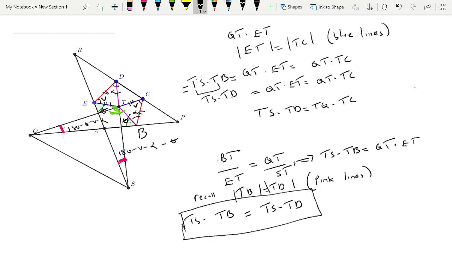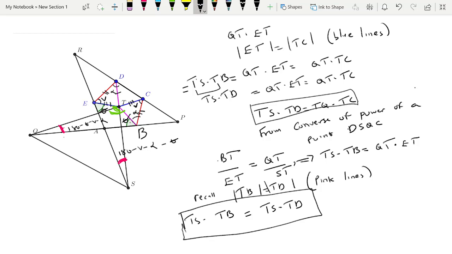This is actually very good because since TS times TD equals TQ times TC, from the converse of the power of a point theorem, we have that D, S, Q, and C lie on a circle.